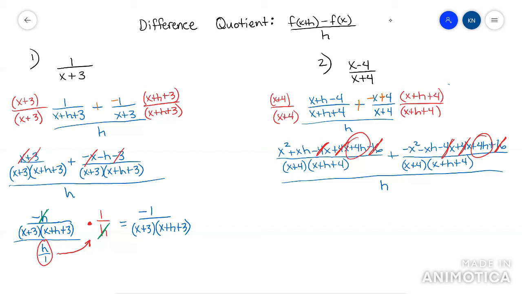That seems wrong, but I'm going to trust my math here. I can cancel this x squared and minus x squared, this plus xh and minus xh. So when it's all said and done, I have just this 4h and 4h on top. That's going to combine and become 8h over that common denominator.